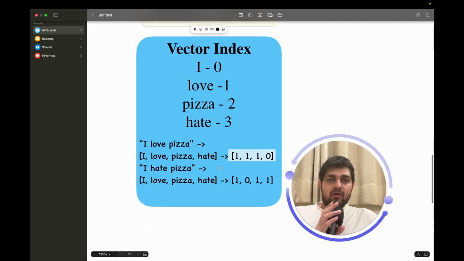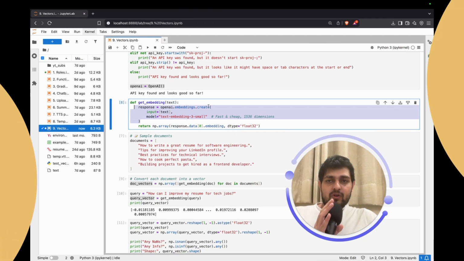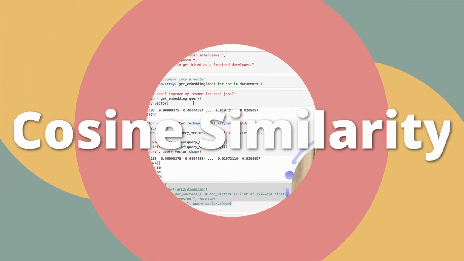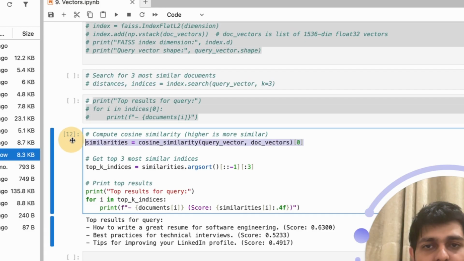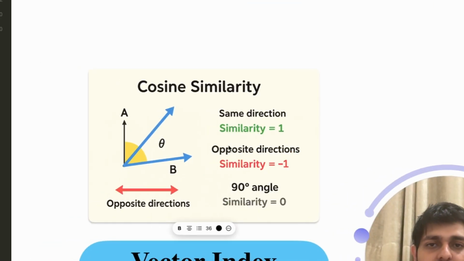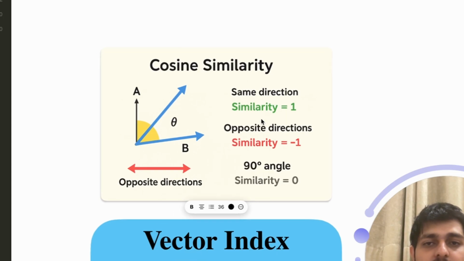And then we have to compare two vectors. In the previous video I used cosine similarity from sklearn to find the similarities between those. Cosine similarity is basically just finding the angle between two vectors, and if the angle is 0, the similarity is 1, so these are very highly related vectors.